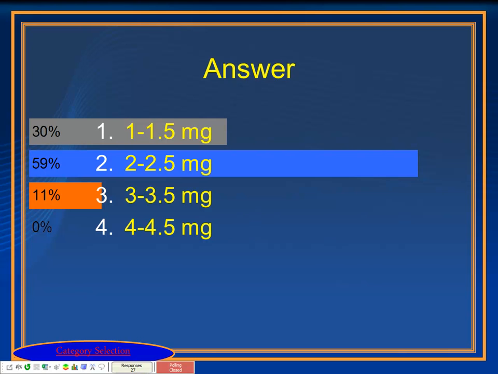Versed. What is Versed used for? Sedation. The correct answer is 2 to 2.5.